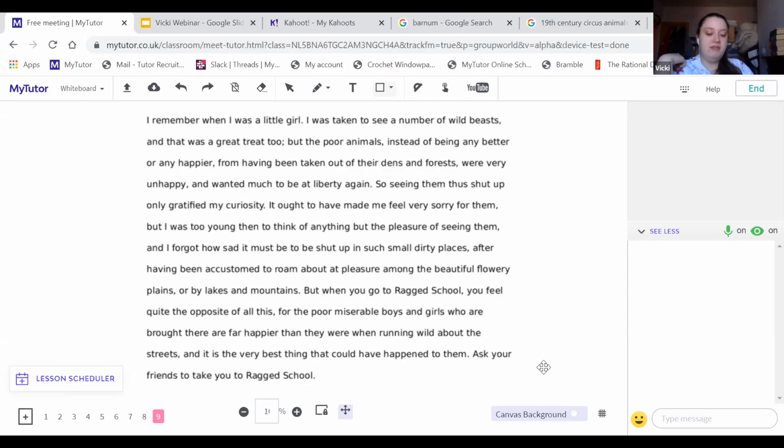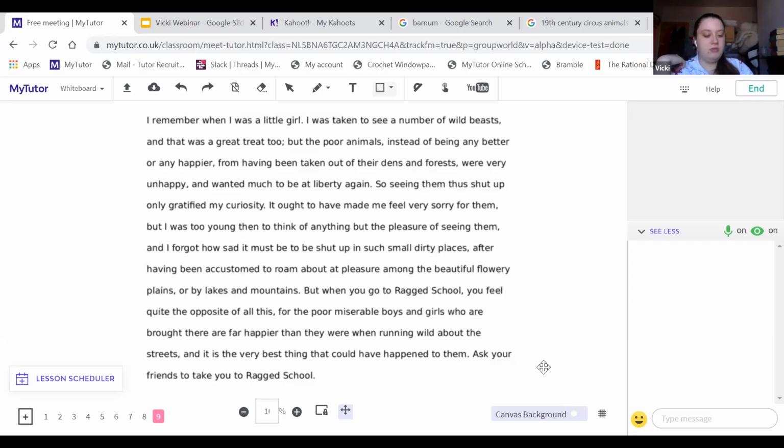It ought to have made me feel very sorry for them, but I was too young then to think of anything but the pleasure of seeing them, and I forgot how sad it must be to be shut up in such small dirty places, after having been accustomed to roam about at pleasure among the beautiful flowery plains or by lakes and mountains.